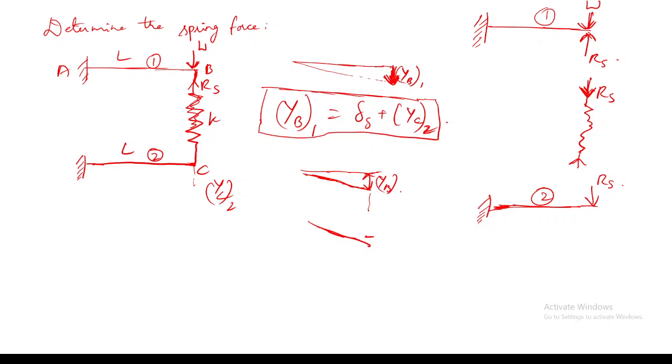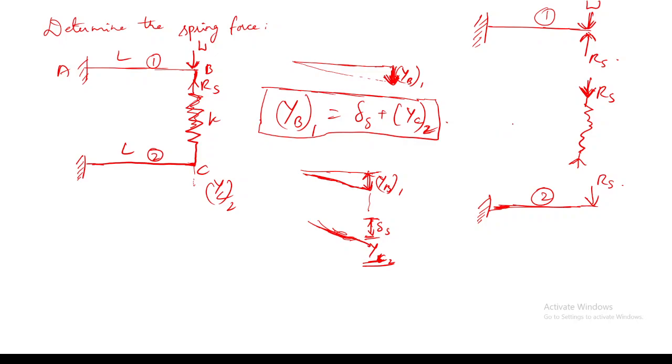This is YB1, okay. And let's say, suppose this total compression is delta S, and let's say this total deflection of beam 2 is YC2. This YB1 should be equal to this total deflection of delta S plus YC2.